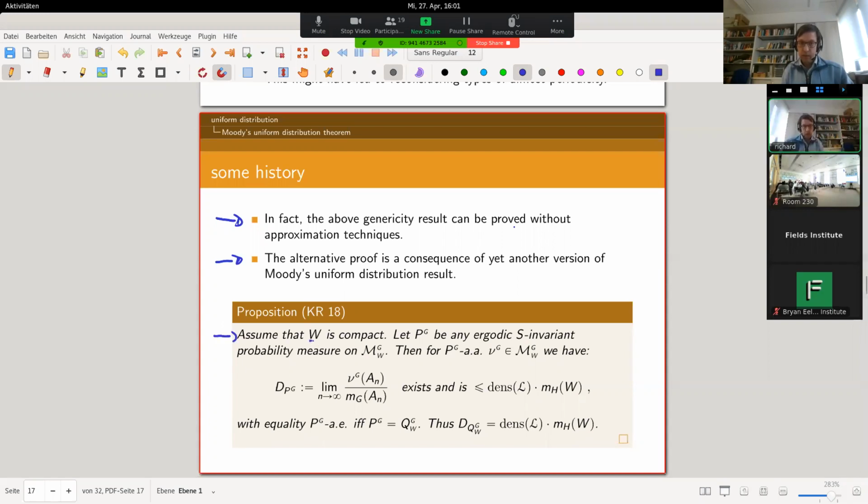So you assume, and this is essential, that W is compact. And then you formulate everything, not on the torus, but on the extended hull. And you assume that you have any invariant ergodic probability measure on the extended hull.